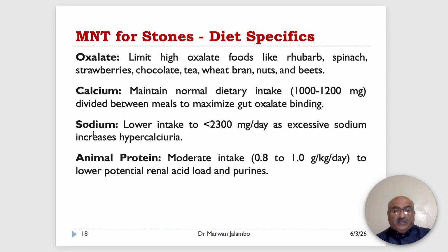Sodium should be kept under 2300 milligrams per day, as excess sodium causes the kidneys to excrete more calcium. Finally, animal protein should be moderated to about 0.8 to 1 gram per kilogram per day to lower both purines and the acid load. We must also consider the role of certain vitamins and minerals.